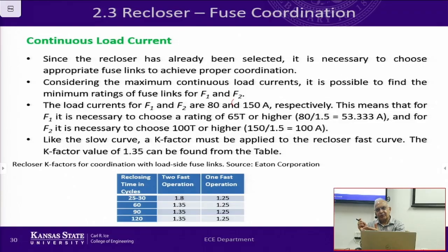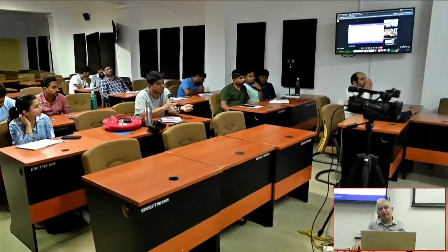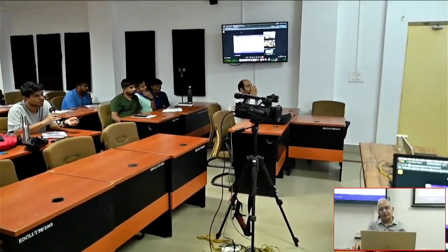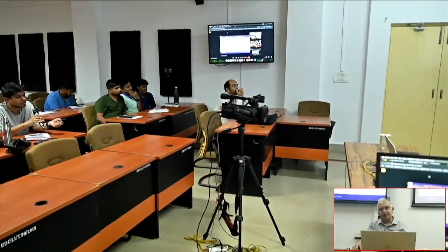So the rule is that you divide 80 by 1.5, it gives you a number which is 53. That is for T type fuses. Any fuse. This 1.5 rule applies to every kind of fuse.